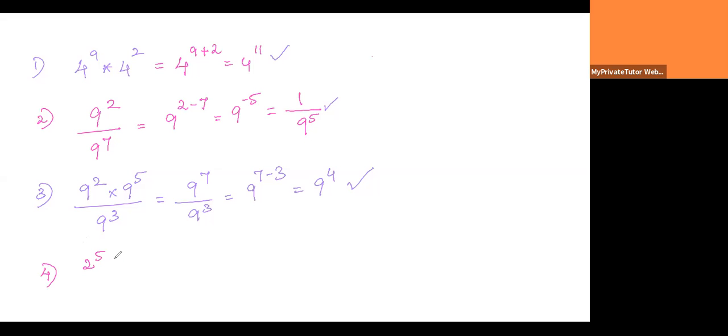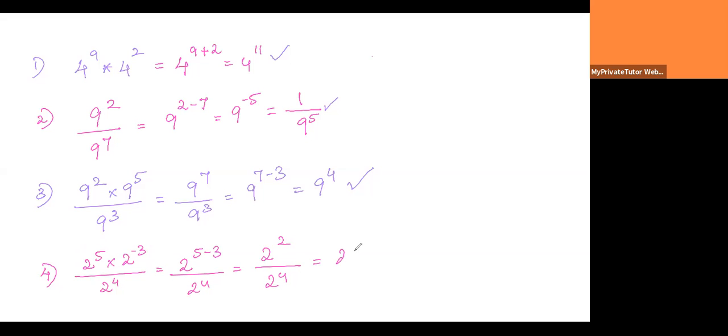2 power 5 times 2 power minus 3 divided by 2 power 4. What do we do in this case? Are we going to simplify the numerator first? We can do that, which is 2 power 5 minus 3, isn't it? Divided by 2 power 4, which is 2 power 2 divided by 2 power 4.